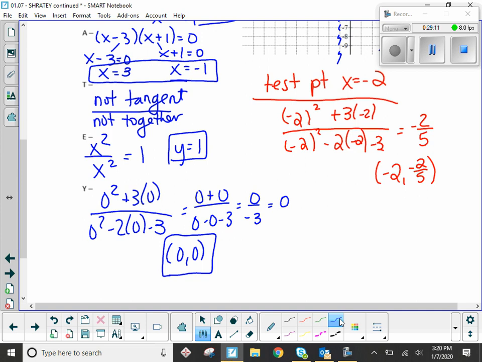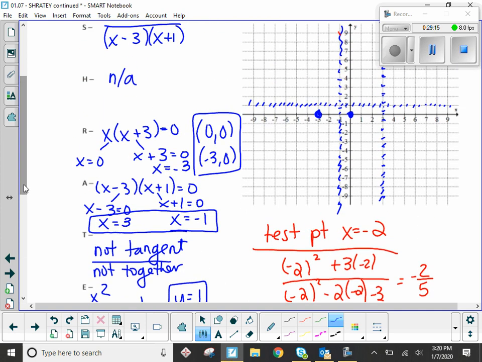And then you put it on your graph. Boom. Now that I have that second point, I can sketch a decent shape for this portion of the graph, because I know, just from their placement, that the graph is going to go through them like this.